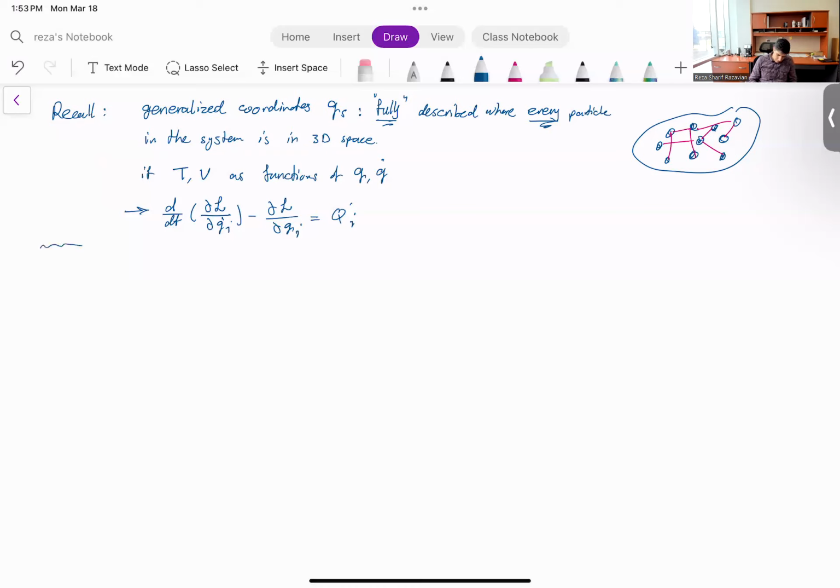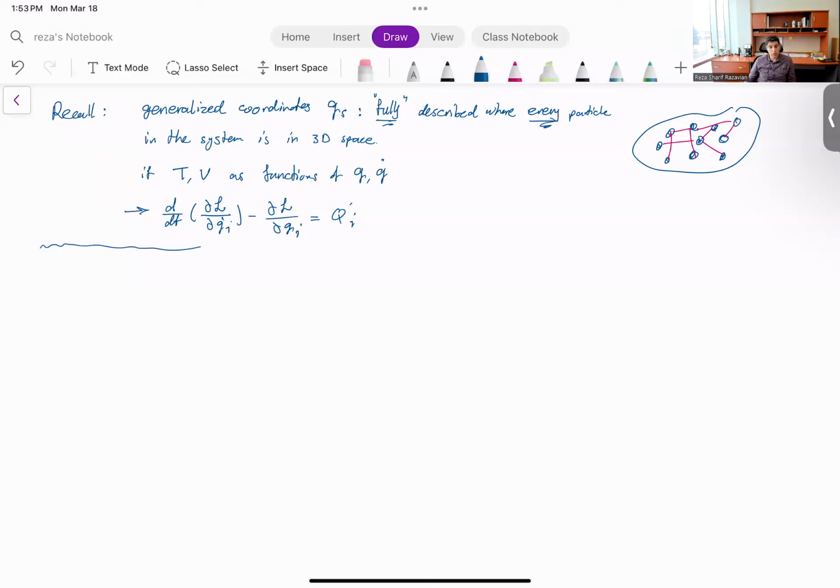Okay, that was before. Now we have a rigid body or a system of rigid bodies instead of particles. Bodies that can not only move in 3D space, but also rotate.